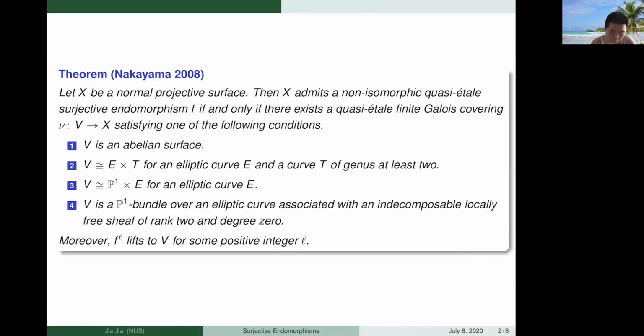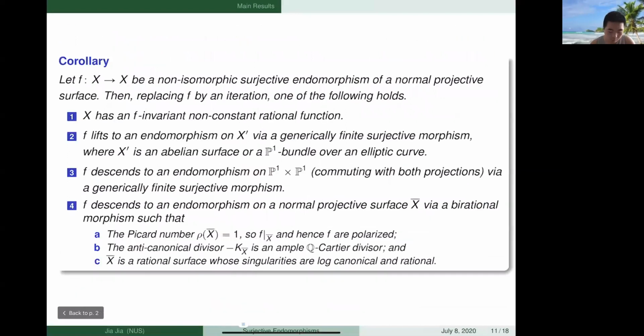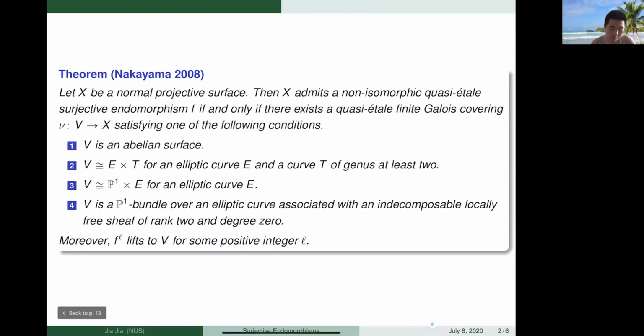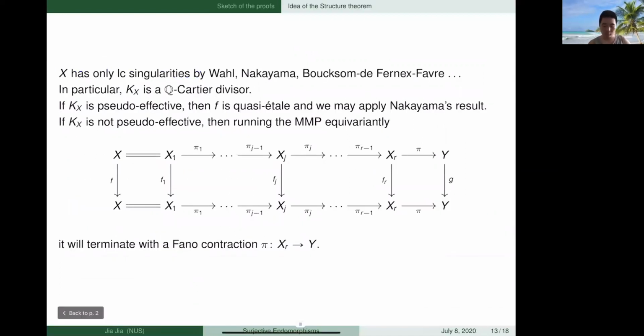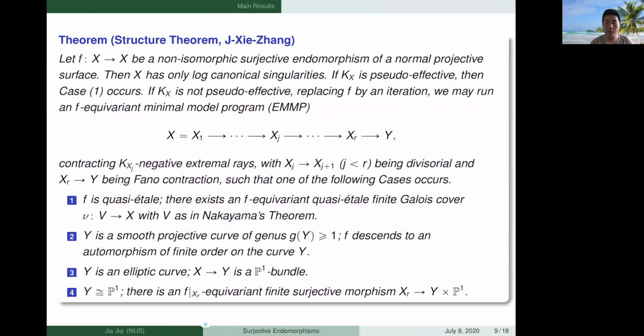But in our case, we assume K_X is pseudo-effective. So only case 1 and case 2 may occur, since for the other cases, K_X is not pseudo-effective. This implies the case 1 occurs when K_X is pseudo-effective.